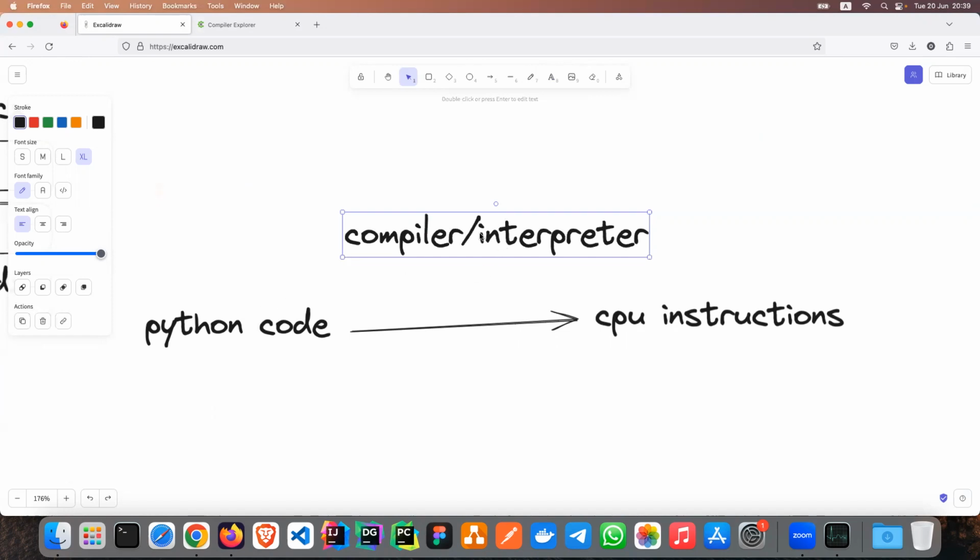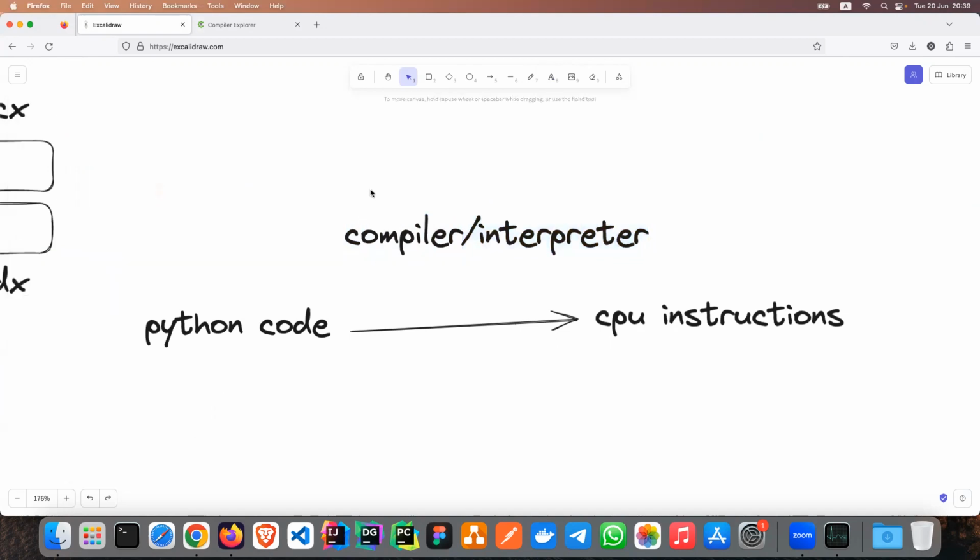So that the CPU can execute them. A compiler, on the other hand, does it ahead of time. It gets the whole Python code, compiles all of it into a bunch of CPU instructions, and gives it to the CPU, and the CPU just looks at the instructions and executes them. An interpreter does it in real time: you say it, I convert; you say it, I convert.